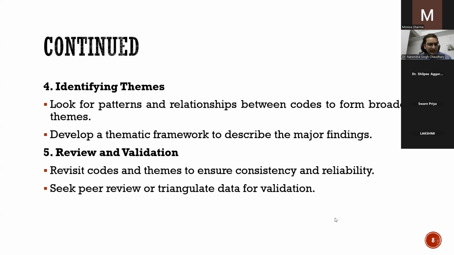Initial coding they have already done, second order also they have done, and then they are sitting together just to revisit the codes they have developed and the themes they have identified. Is there any consistency? When we write about the methodology, we talk about how much consistency there was, especially when the coding process was going on. Then we are seeking peer review or we triangulate data for validation.